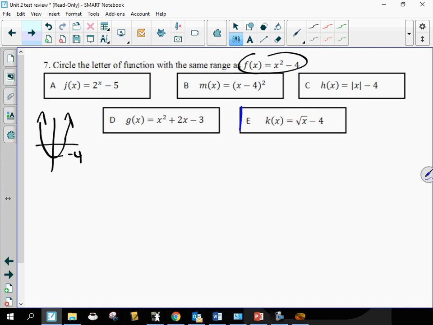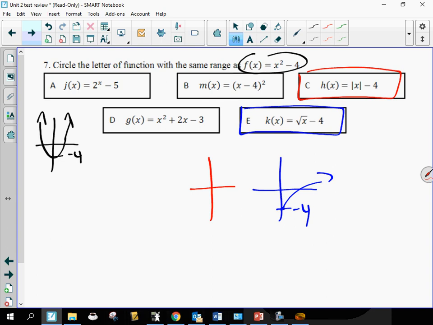For E here, if I were to graph that, it would look like that, but it's still starting at -4. C, if I were to graph it, would start at -4. B is out because if I were to graph it, it's not shifted up or down, it's shifted to the right 4.